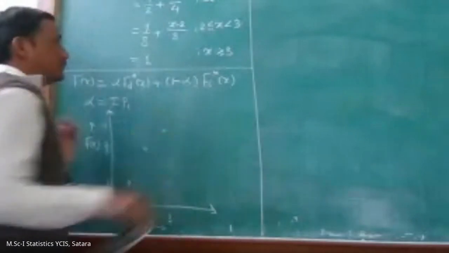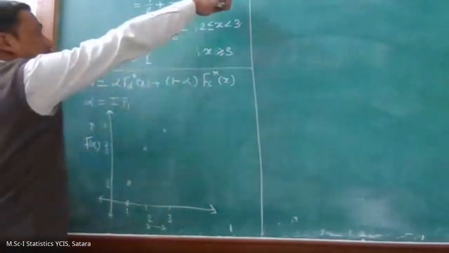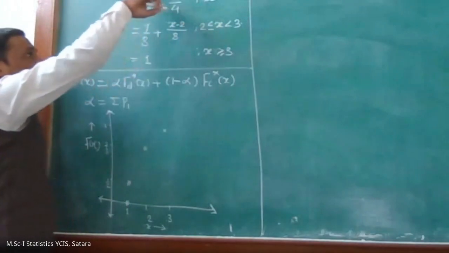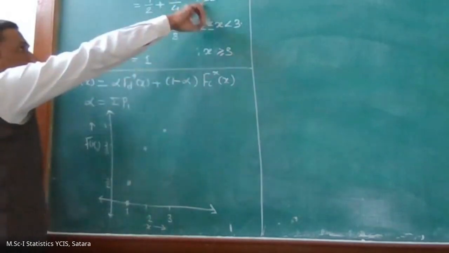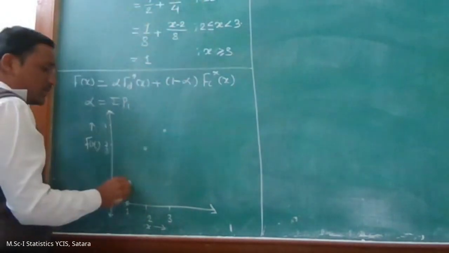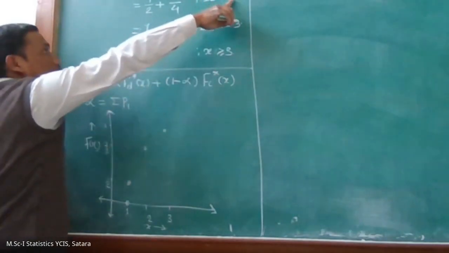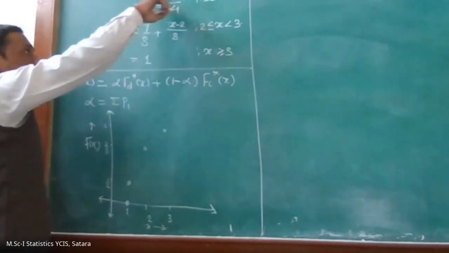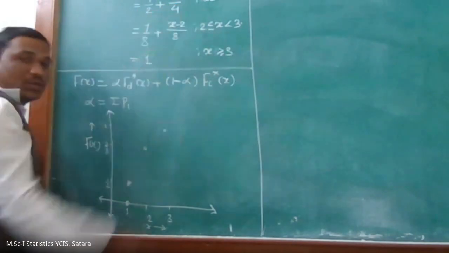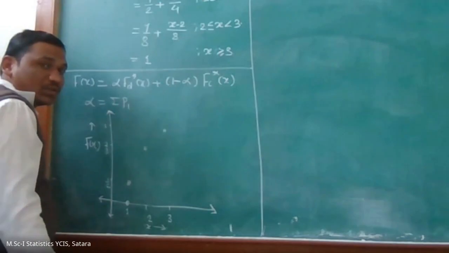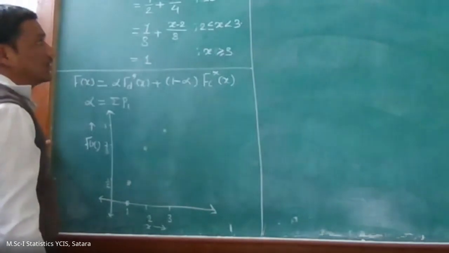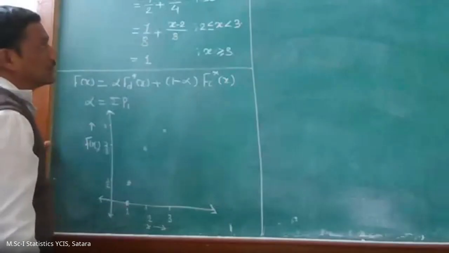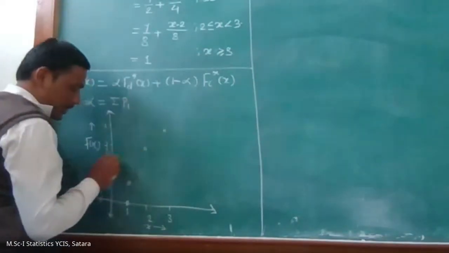Now if we substitute x equal to 2 in the part for 1 to 2, for x equal to 1 it gives 1/2, but if we substitute 2, then 2 minus 1 gives 1/4. So 1/2 plus 1/4 is 6/8, that is 3/4.